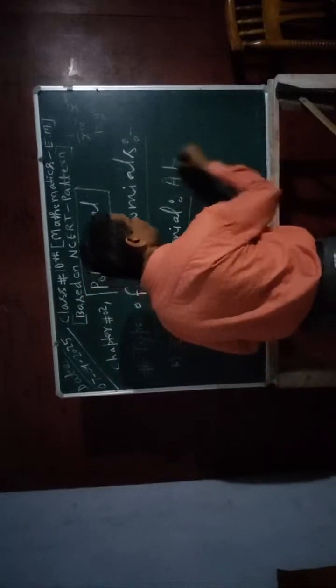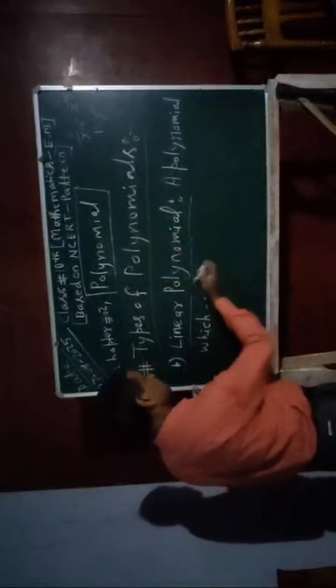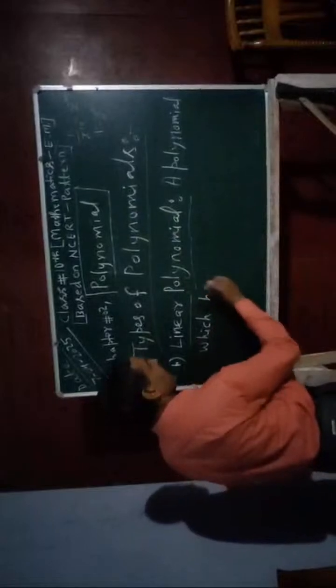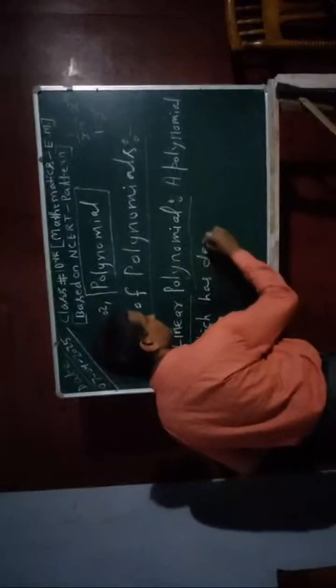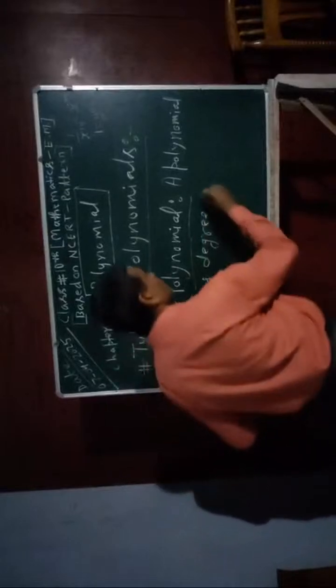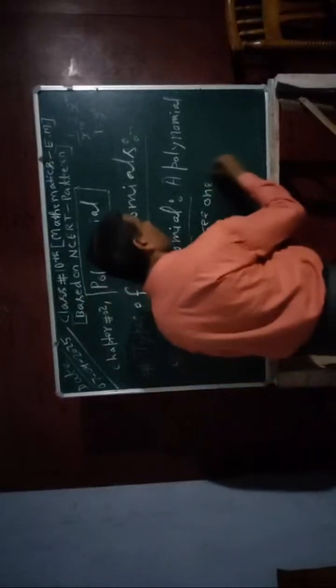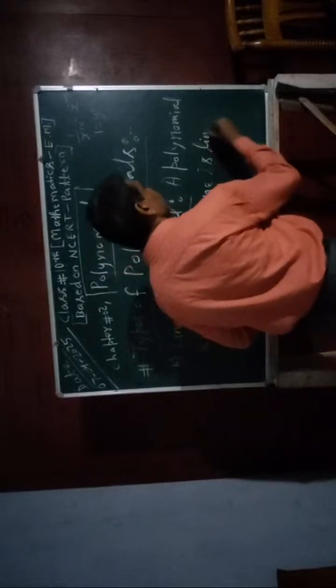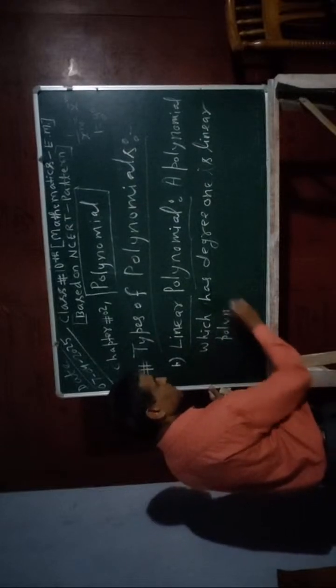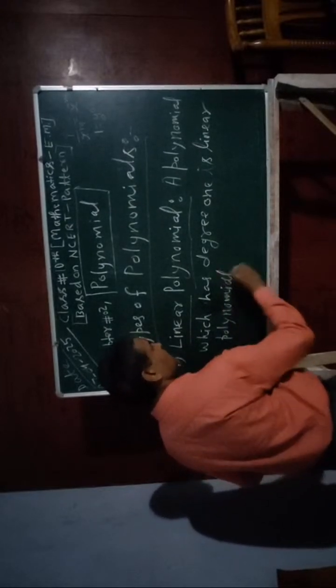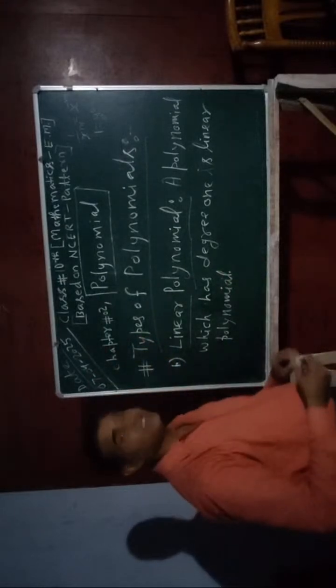In other words, a polynomial which has degree 1 is called a linear polynomial.